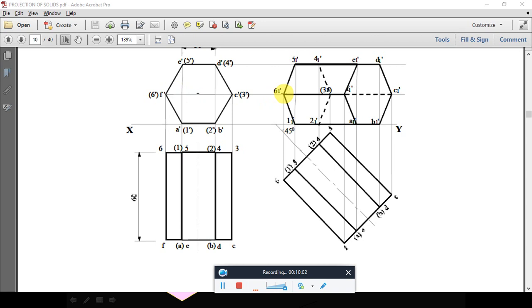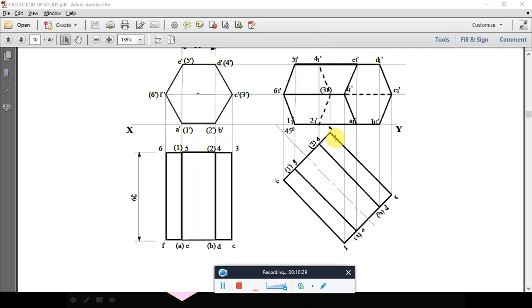In this point I have 2 points, that is 1 and also 5. Just project that: 1 should be marked here as 1 1 dash, and 5 should be marked here as 5 dash. And here this point will have 2 and 4. Projecting this line, 2 should be marked here since we have 2 hidden here, and 4 on the top, and likewise for 3.